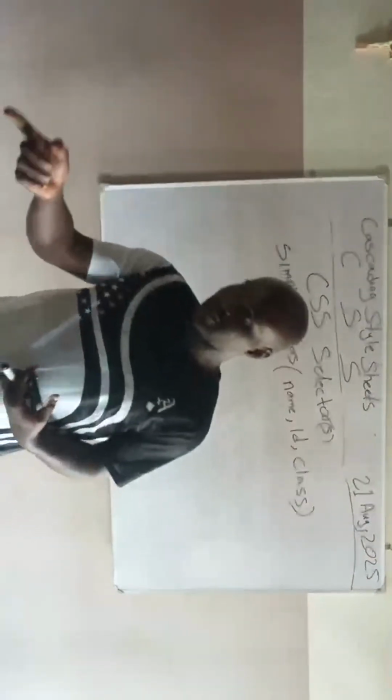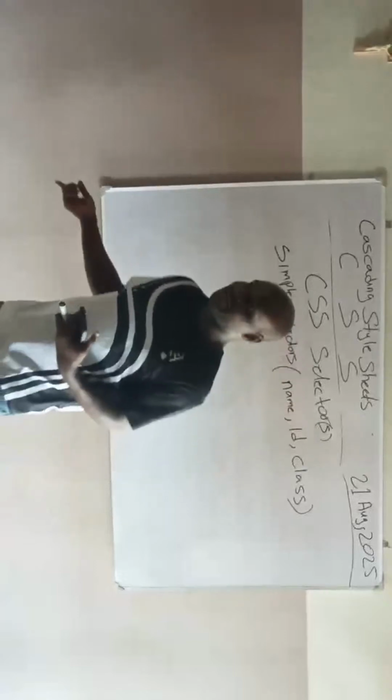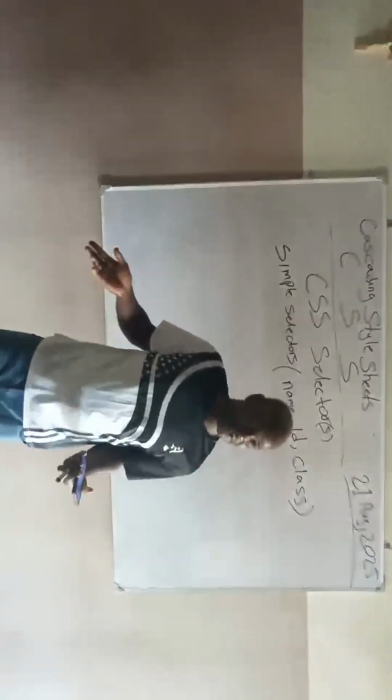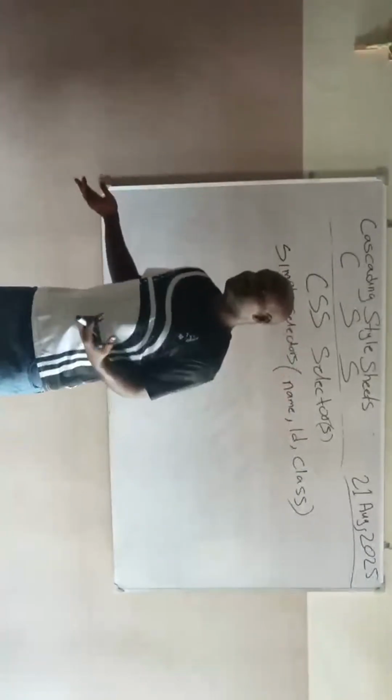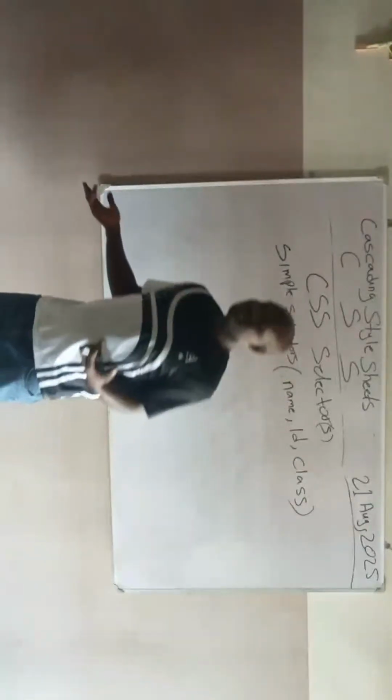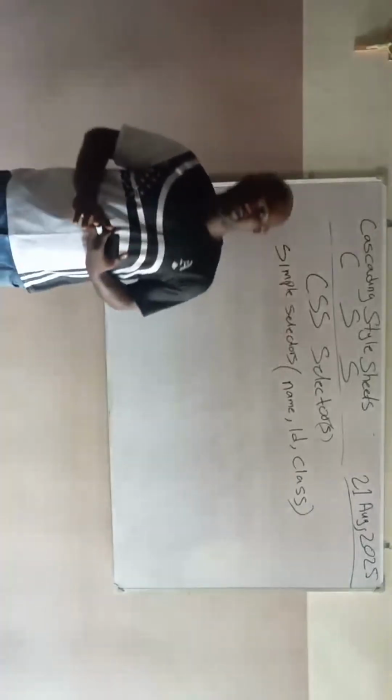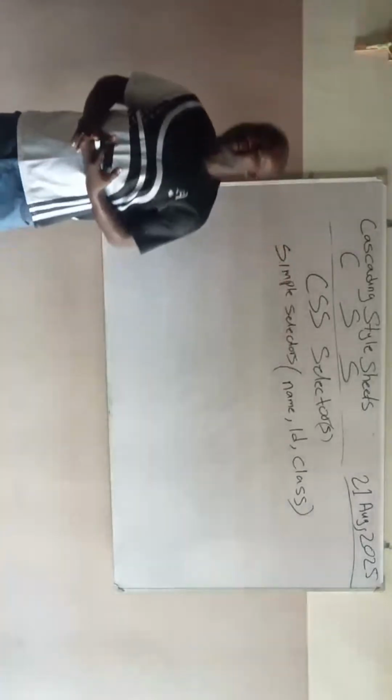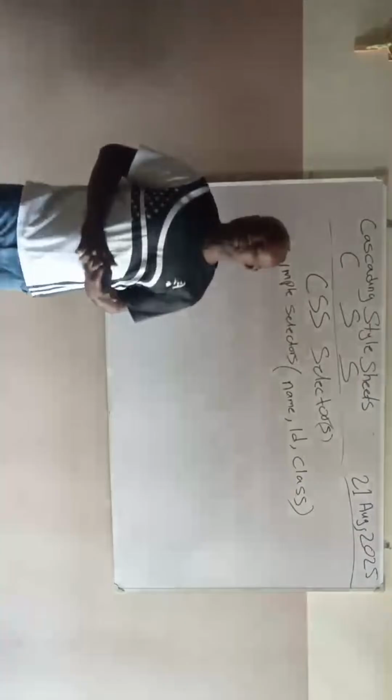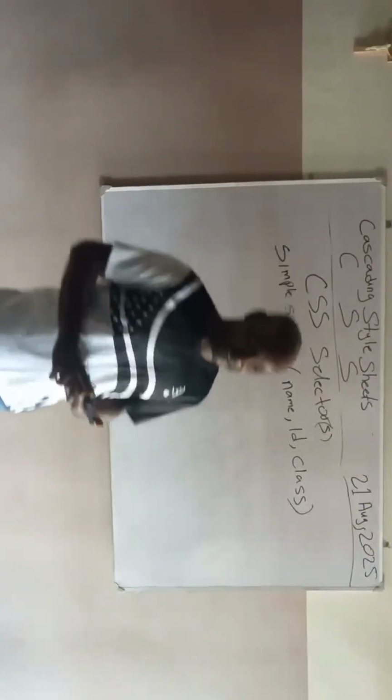We know P is paragraph, but HTML doesn't call it paragraph. It calls it P. Paragraph is just the word we use to explain. If you tell HTML paragraph, it won't know. Come on, P. The P tag or the P element.